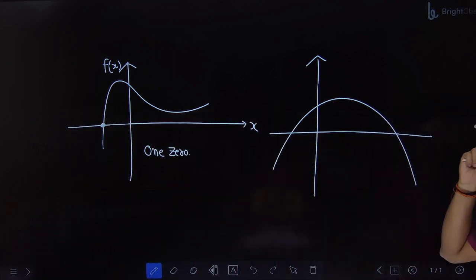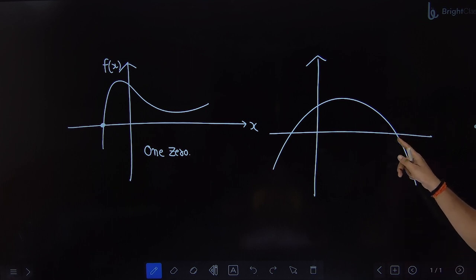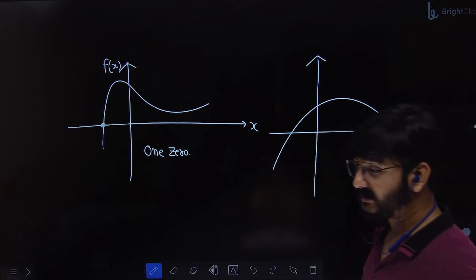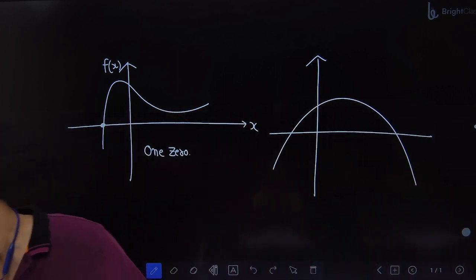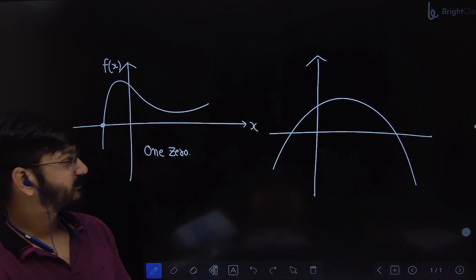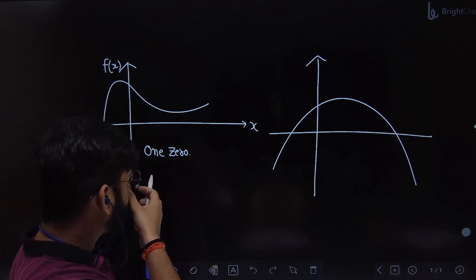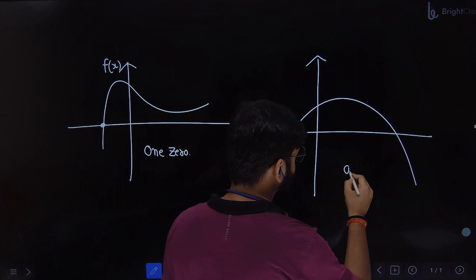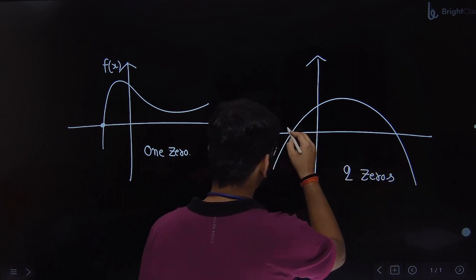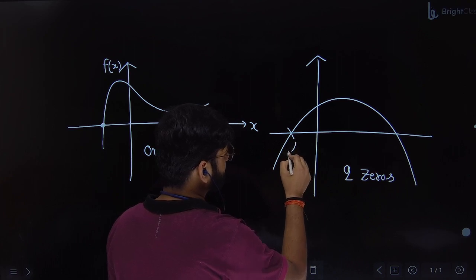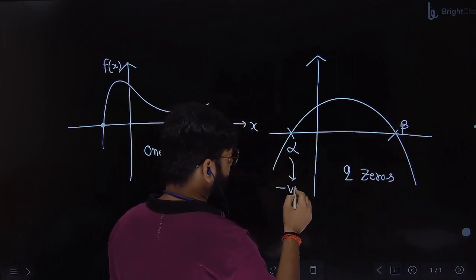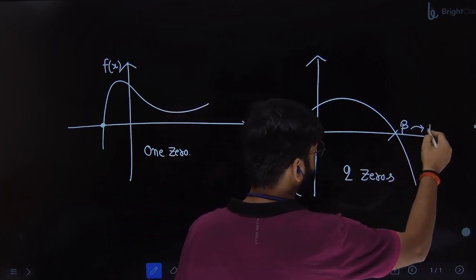If you see that, 1 zero is positive, other zero is negative. So by seeing the graph, you should be able to comment also which is positive, which is negative. So this has 2 zeros. You can say this is alpha, this is beta. Alpha is negative, beta is positive.